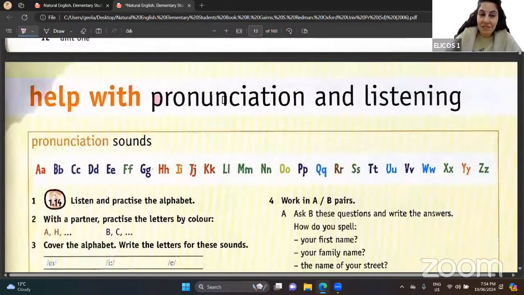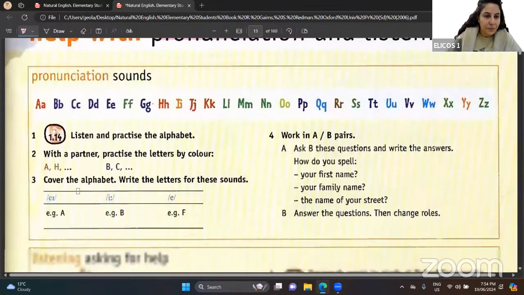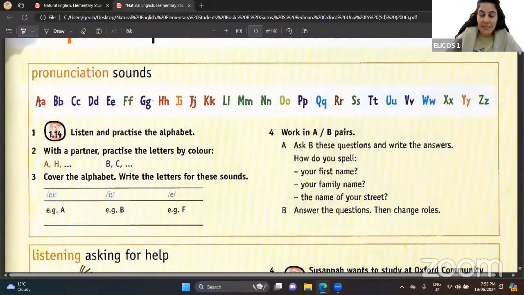Let's do pronunciation. So this is good because maybe you might mispronounce one letter. Okay, I'll say them. You can repeat them after me.